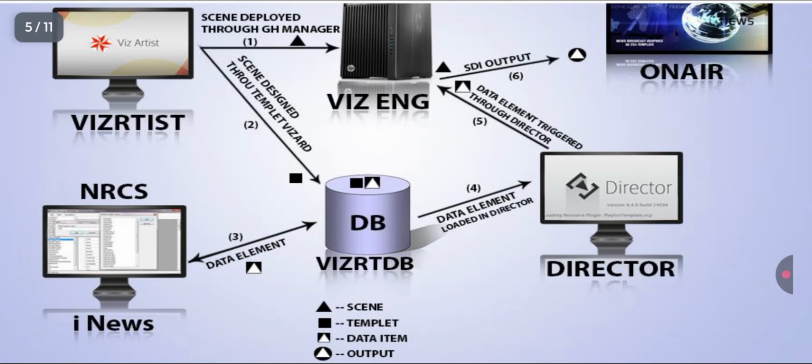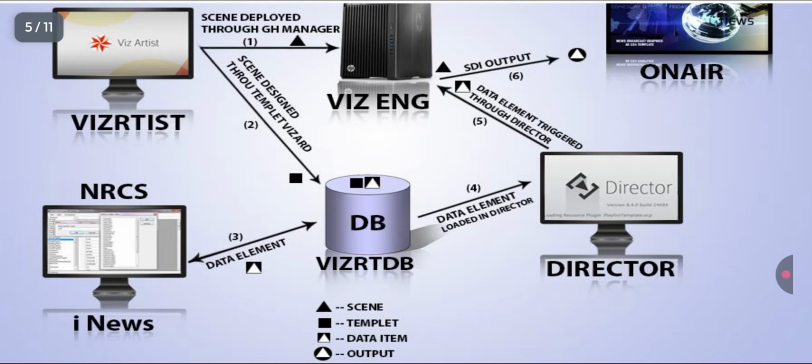Then we will discuss the NRCS iNews. It just exchanges the data elements with the Vizrt DB, and this is a triangle with a black square. If you see the symbol, that is called data elements. So Vizrt DB saves both the templates as well as the data elements.